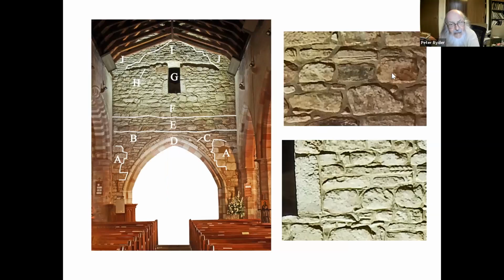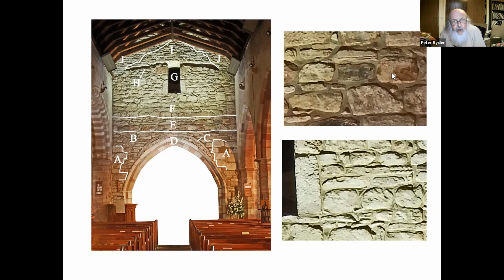There's massive stonework. A is, I suspect, the early monastery before the Vikings. Then B is clearly later masonry. C is the early chancel arch that has been cut into by D, the chancel arch of around 1200. Then there's a heightening E, another heightening F, and that has the high level doorway, still Saxon in style, G in it.